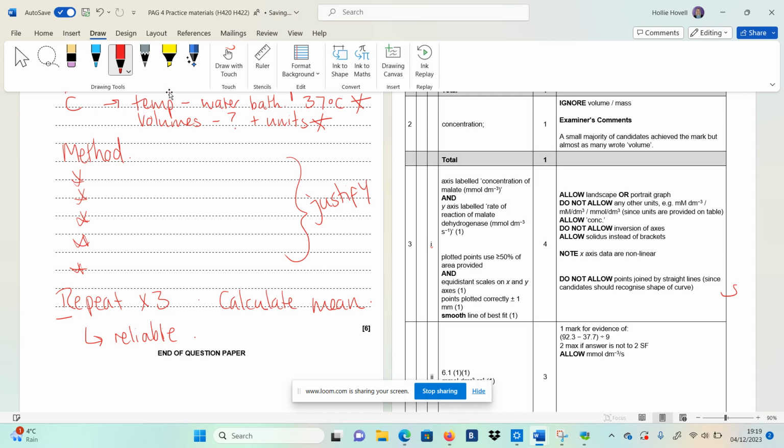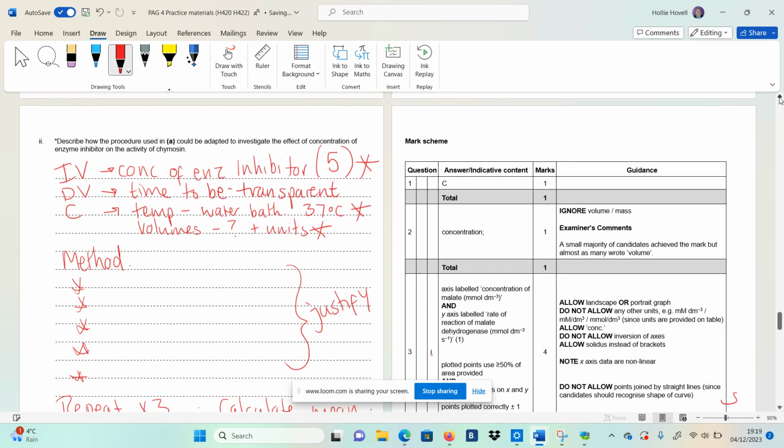You can also say at the end that you would do some statistics to see if your results are significant. Remember, if you've used anything that's hazardous, you can mention that. So it might be a good idea to put it here actually. Risk assessment. So anything that's hazardous, you can mention your risk in your risk assessment. So perhaps the enzyme or the hot water bath, something along those lines.